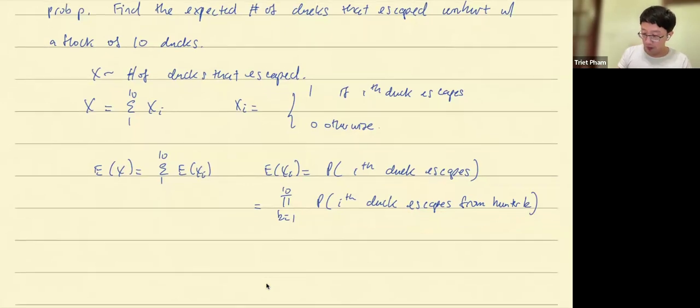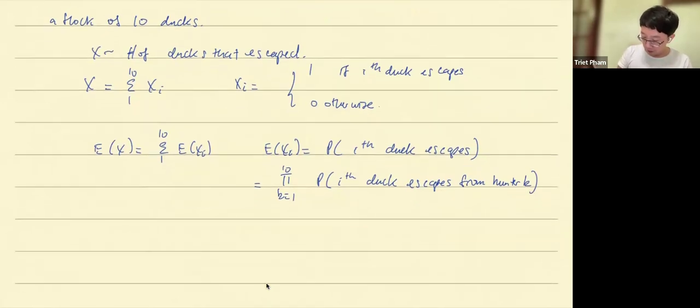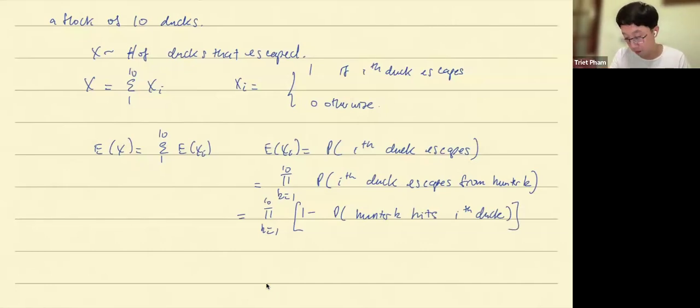So let's say this is the product over K from 1 to 10 of 1 minus, notice the 1 here in the product, the probability that hunter K hits the ith duck. Yes, and that's probably where you get the 1 minus P from. But the first thing is that it's the action of all 10 hunters.